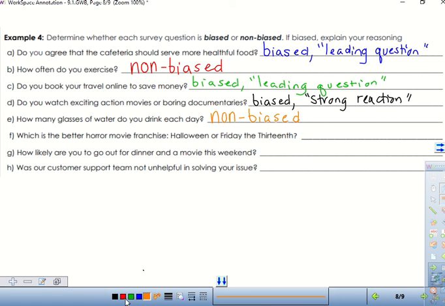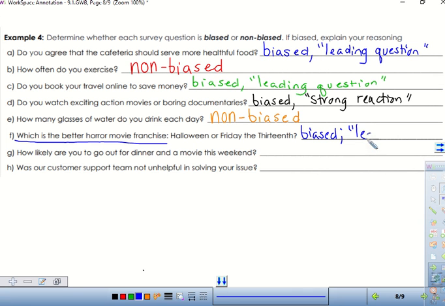All right, which is the better horror movie franchise, Halloween or Friday the 13th? Halloween, 100%. Well, I'm glad you think so, but this is biased. How is that biased? Because they're asking about horror movie franchises in general, and then they give you two choices.